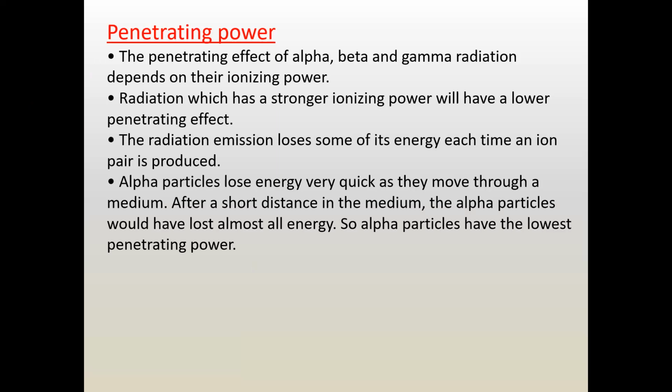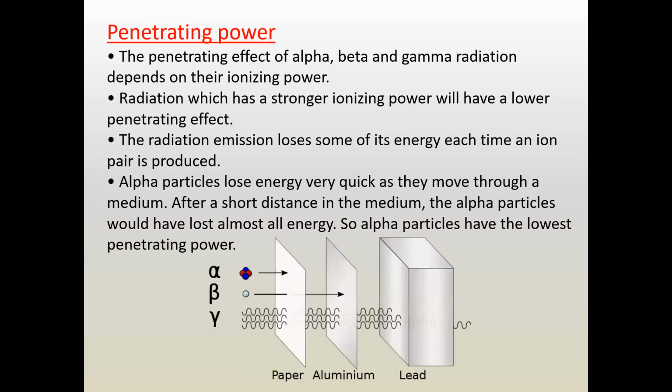Then penetrating power means range. As we know, alpha particles travel slower than beta and beta travels slower than gamma. So the highest range is for gamma. For alpha, if we place a paper, we can stop this alpha radiation, which is 2 protons, 2 neutrons. Beta, or the electron, can pass through paper, but if aluminum is placed, it will stop beta, and alpha as well.